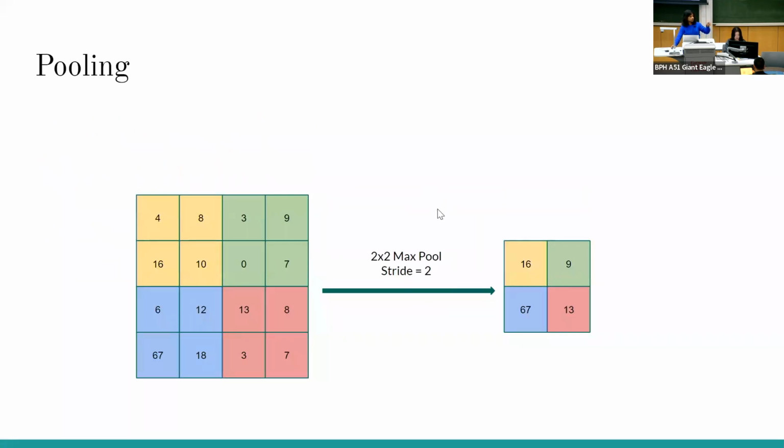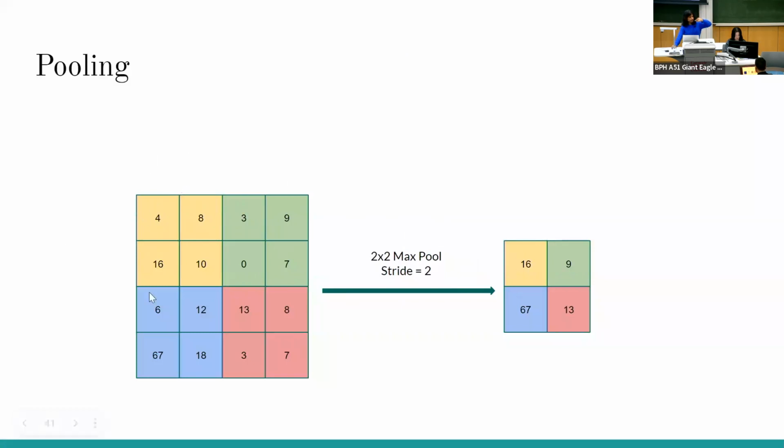You do a 2x2 max pooling with a stride of 2. What max pool is doing, so I won't call it convolution, is you put that 2x2 matrix, imagine it as an empty box, on top of the image and get the max of that box.